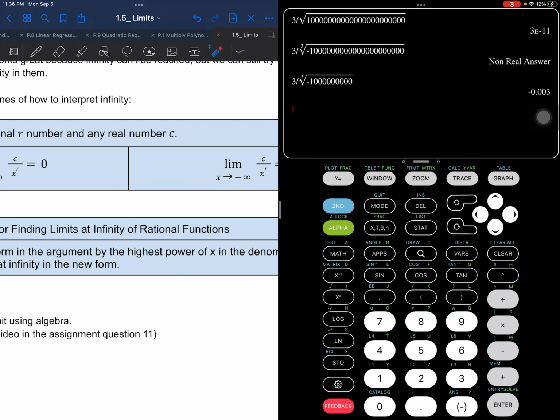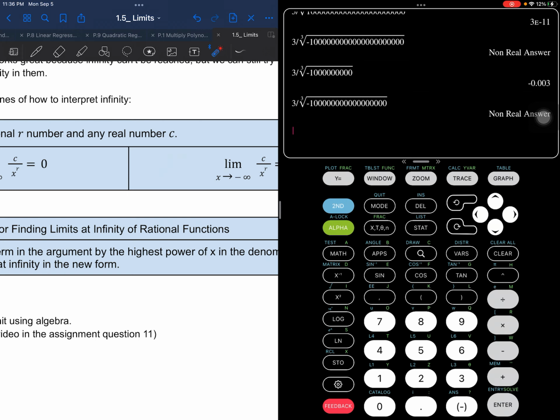You can see that the number is getting closer and closer to 0. Let's try negative 1,000 again. Anyway, it's just going to be negative 0.0000003, so they're going to go to 0.